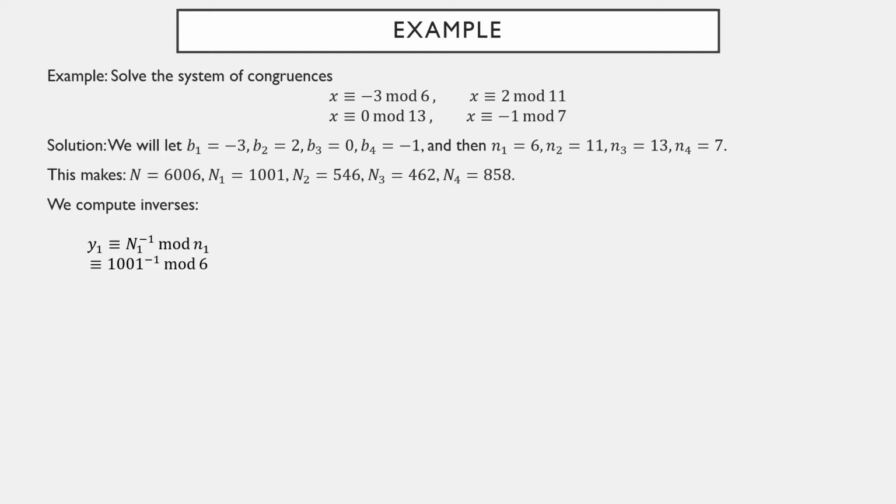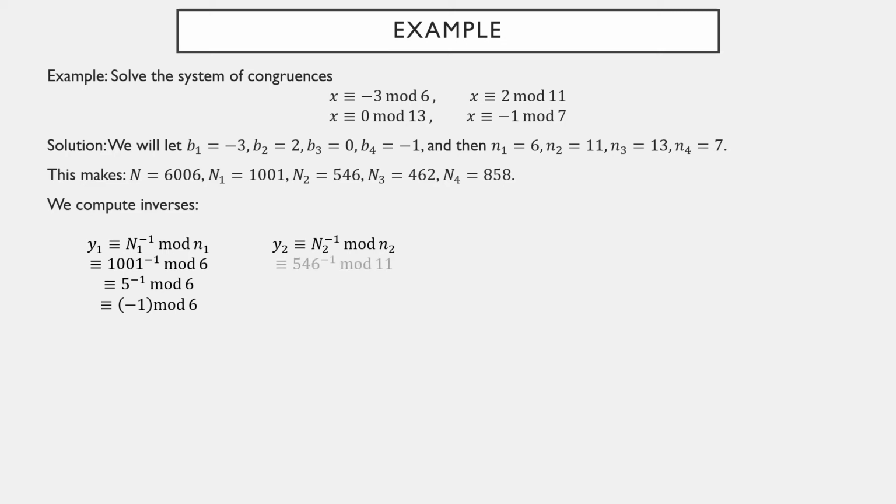At first, the appearance of this 1001 inverse seems imposing, but since we're working modulo 6, 1001 is equivalent to 5, which means 1001 inverse is equivalent to 5 inverse. So we really only have to find a number that when I multiply it by 5 is equivalent to 1 modulo 6. -1 works. 5 is equivalent to -1, and -1 is its own inverse. So y1 is anything equivalent to -1 modulo 6.